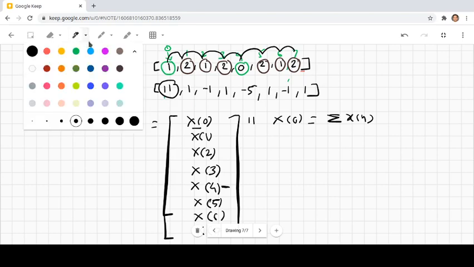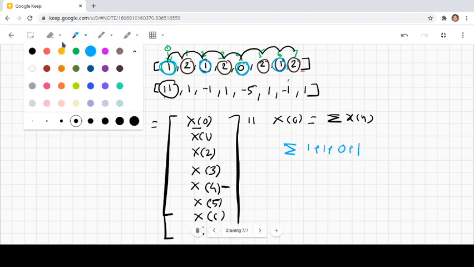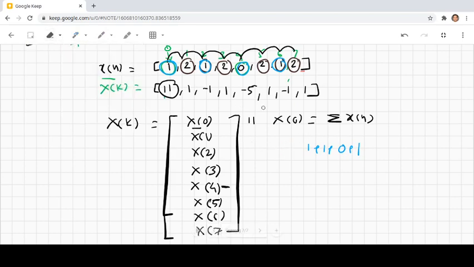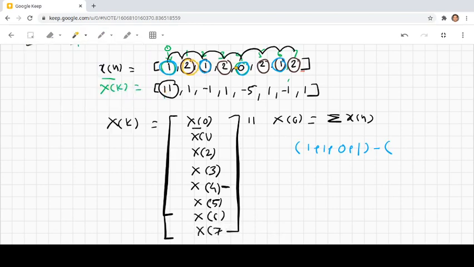So from this example you can find out that even numbered samples are 1 1 0 1, and sum of these even numbered samples are 1 plus 1 plus 0 plus 1, and minus the sum of the odd number samples is 2 2 4, 4 plus 2 6, 6 plus 2 8.